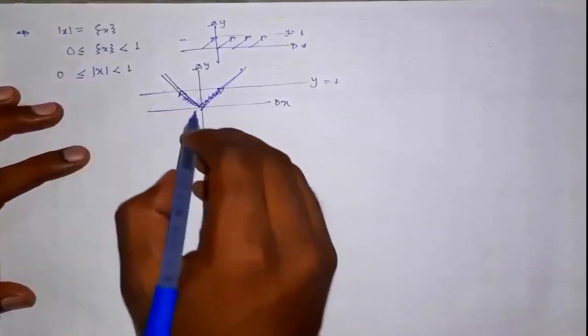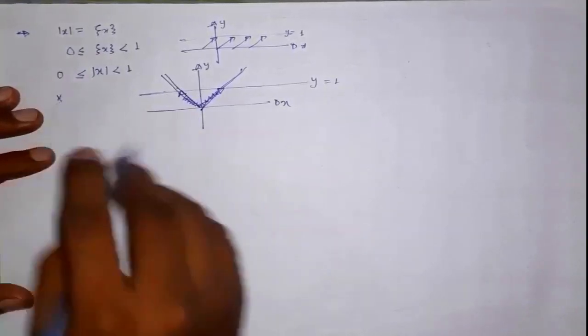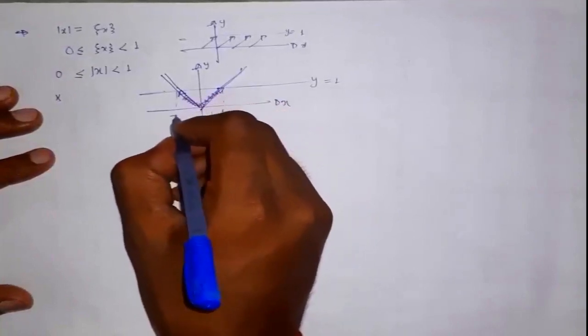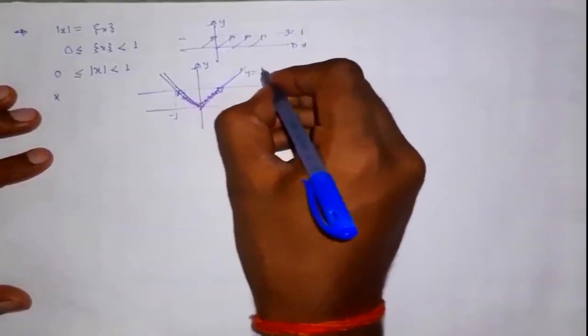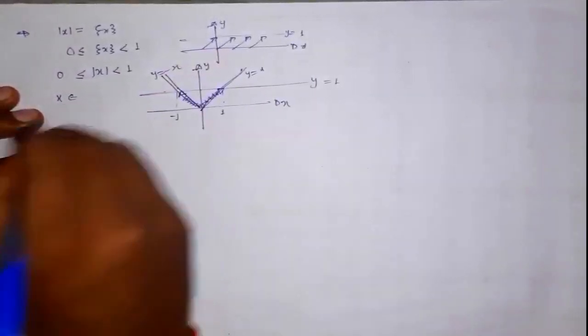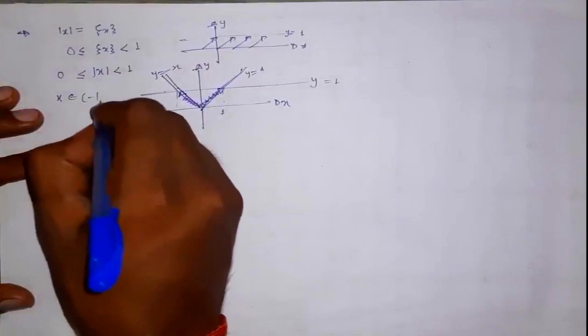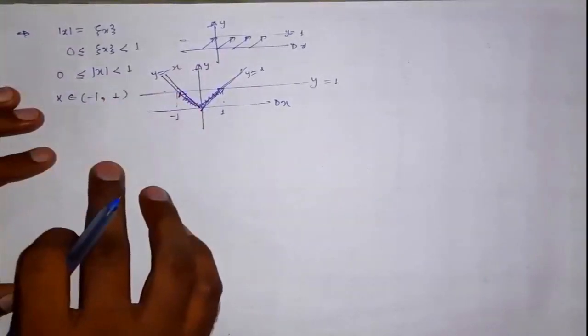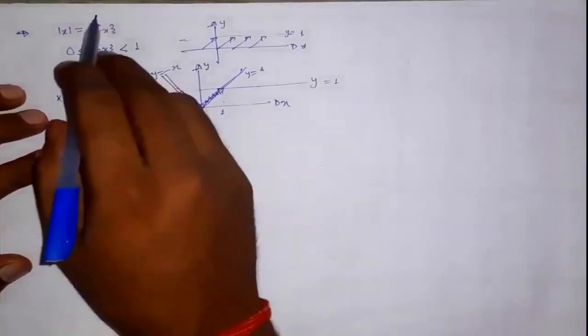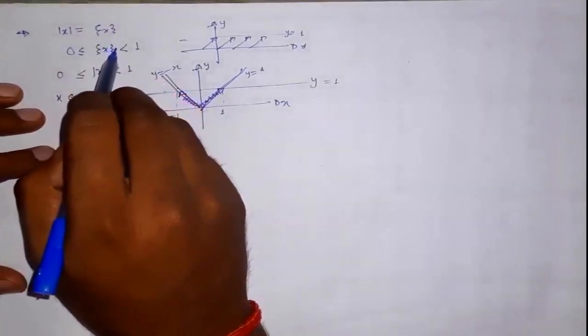So the values of x will be, this will be 1, this will be minus 1, because this is the y equals x line, this is the y equals minus x line. Okay, so x belongs to minus 1 to 1. So these are the values of x for which this equality is satisfied. Okay, so I hope it is clear to all of you.